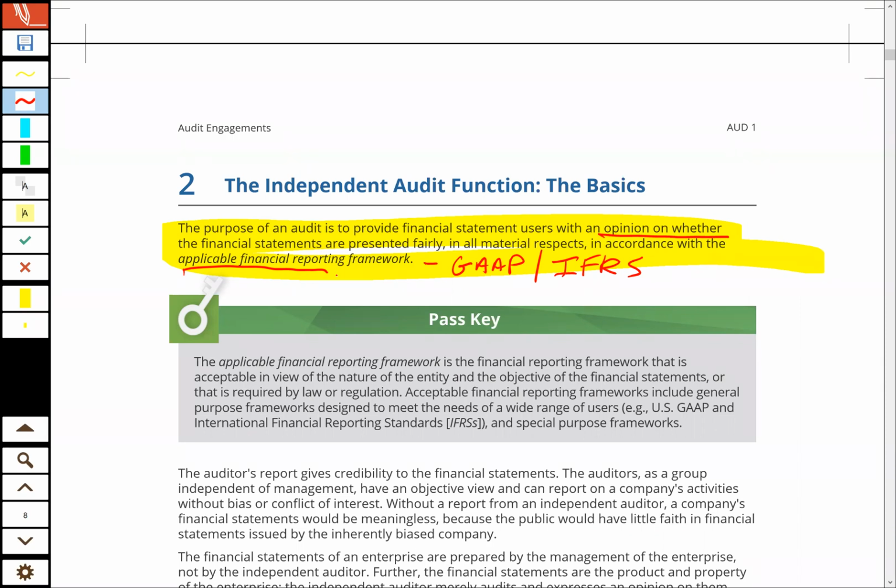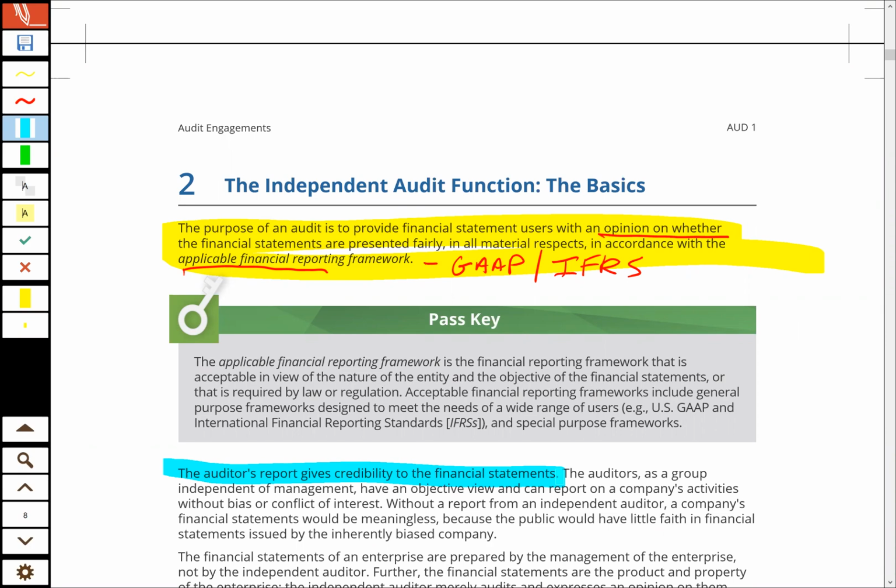So what happens? The entity prepares the financial statements. The auditor is responsible for giving an opinion on those financial statements. So we don't prepare the statements. Management is responsible for preparing the financial statements. The auditor gives an opinion on those statements.